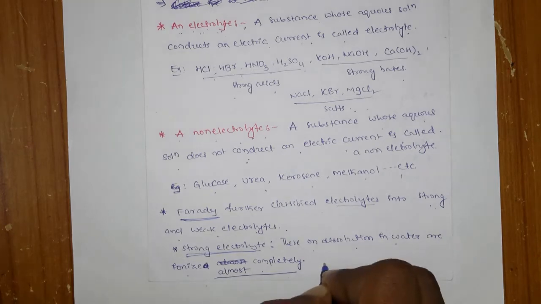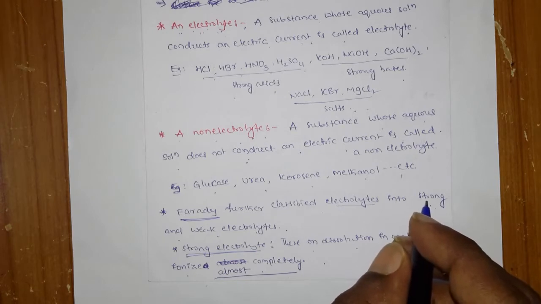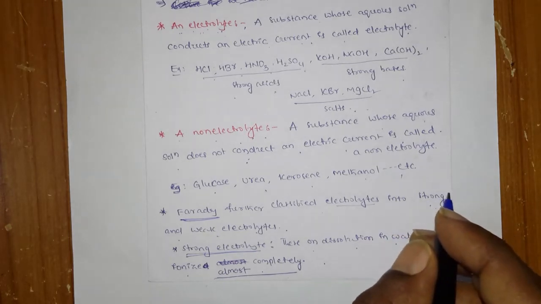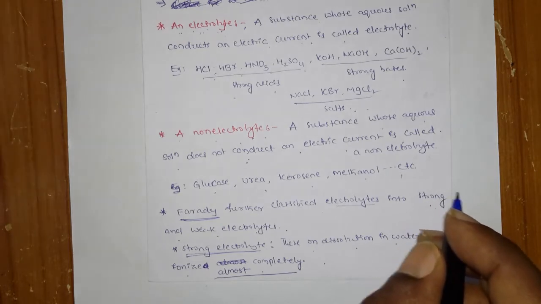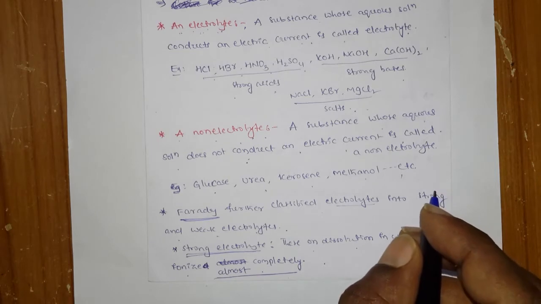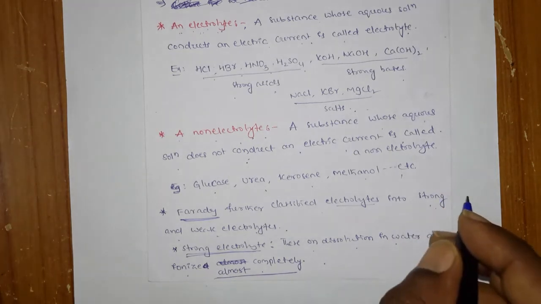Take sodium chloride: it is almost 100% ionized in water. All the sodium chloride will convert and form Na+ and Cl- ions. Those you call strong electrolytes.